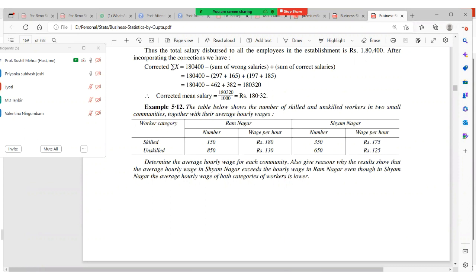Determine the average hourly wage for each community. Also give the reason why the results show that the average hourly wage in Shamnagar exceeds the hourly wage in Ramnagar, even though Shamnagar has the lower average hourly wage for both categories of workers.